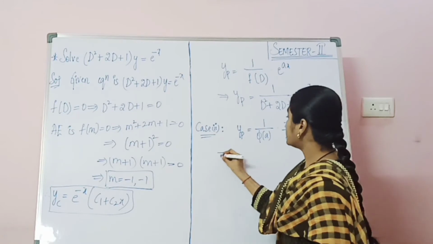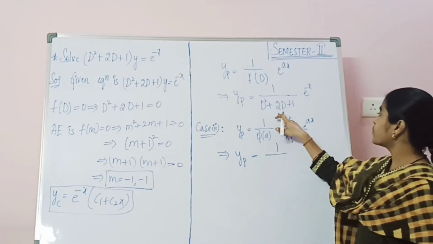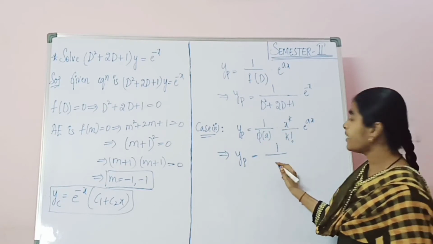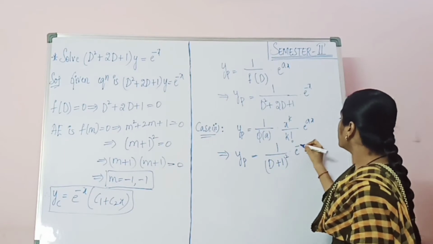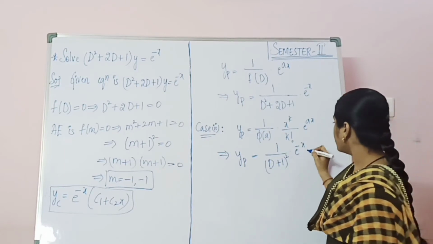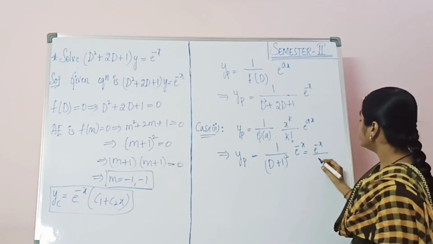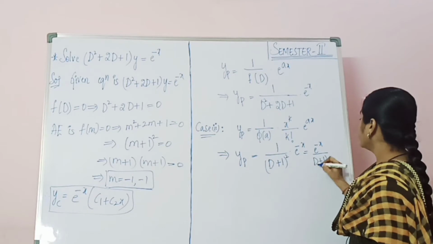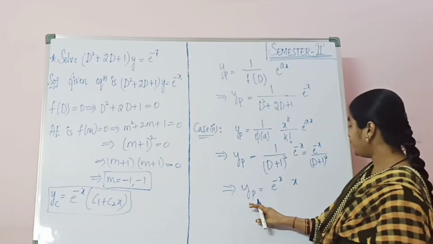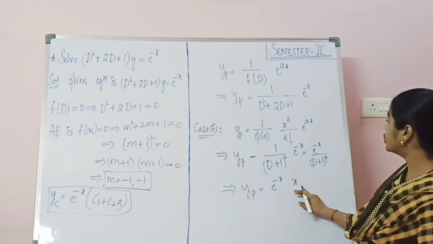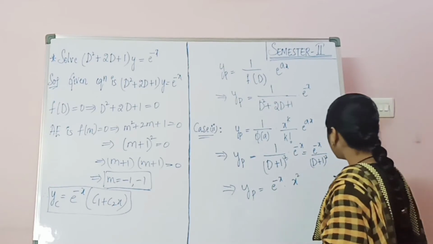So yp equals 1 by (D square plus 2D plus 1), which we can write as (D plus 1) whole square, into e power minus x. So yp equals e power minus x by (D plus 1) whole square, which equals e power minus x into x power k by k factorial.